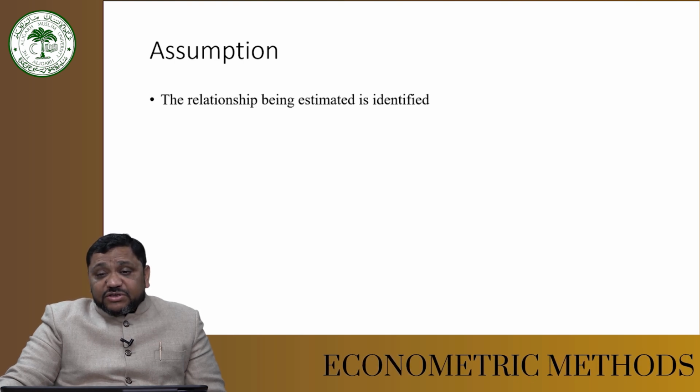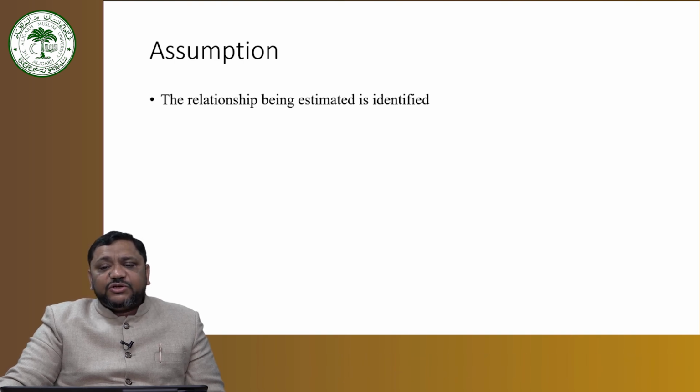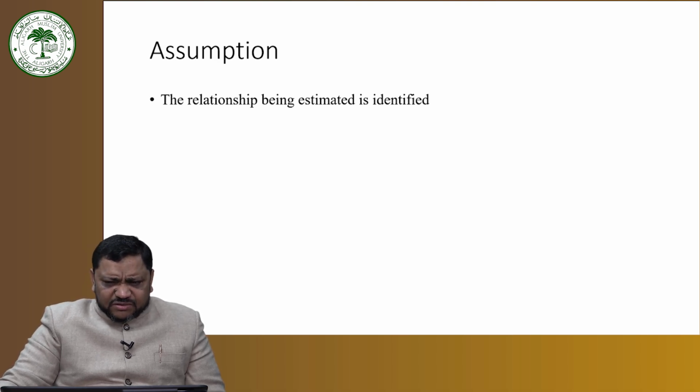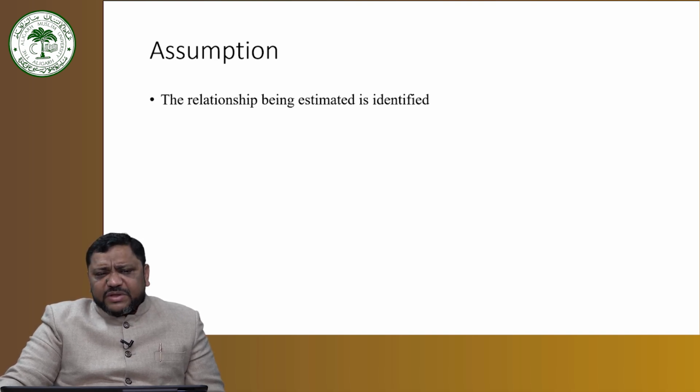Only if this assumption is fulfilled can we be certain that the coefficients which result from our computations are the true parameters of the relationship which we are going to study. Otherwise this will lead to simultaneity bias and identification issues. So we assume that this relationship being estimated is properly identified.